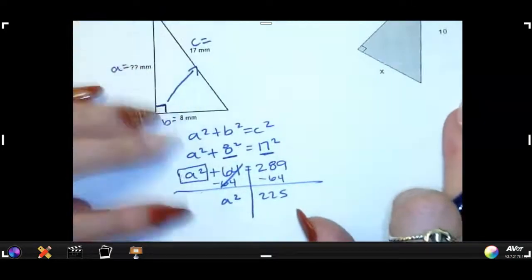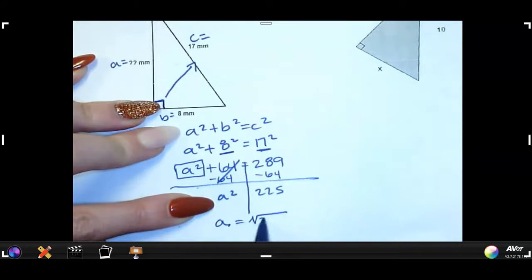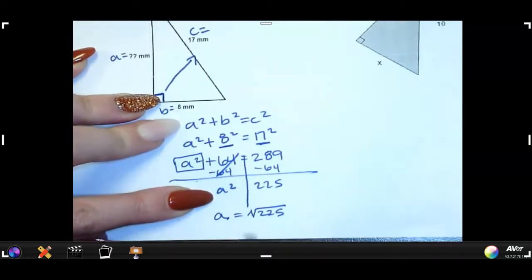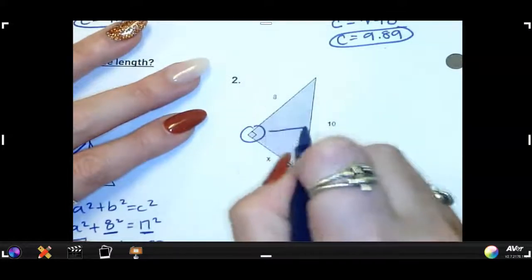So down here, if A squared is 225, if we just want A, we want the square root of 225, which is going to give you 15. Okay, you can try this example here and bring it to me to check.